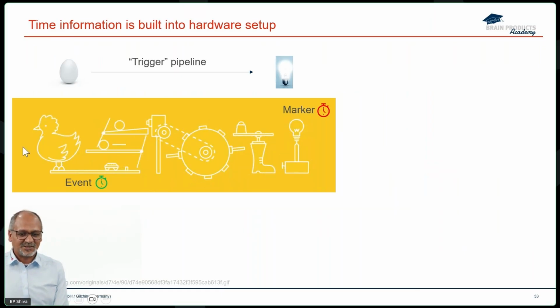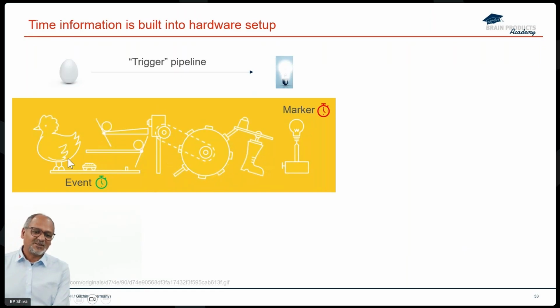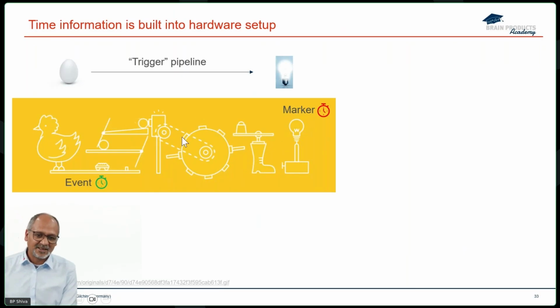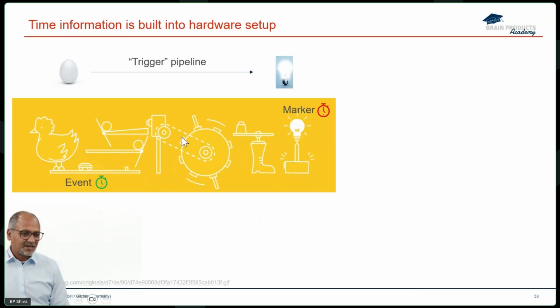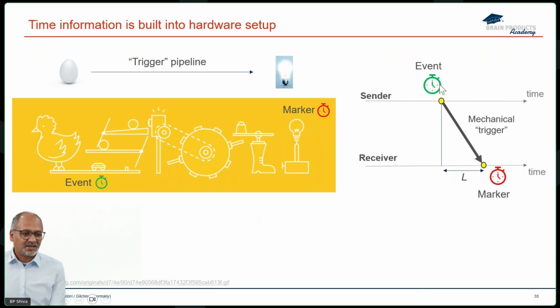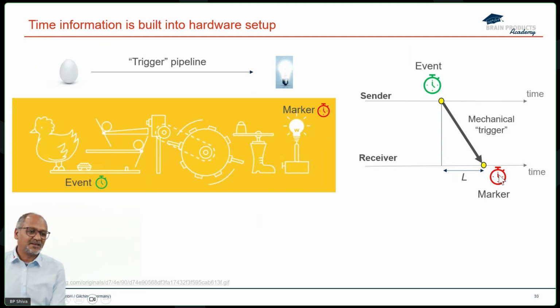consider this chicken laying an egg, which is an event, and then this triggers a series of little events that lead to the bulb turning on, which is like the marker. So this is like a mechanical trigger. And what you notice is that the sender time and the receiver time differ: there is a latency involved between when the event occurs and when the marker is received.